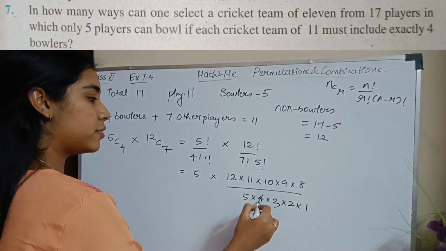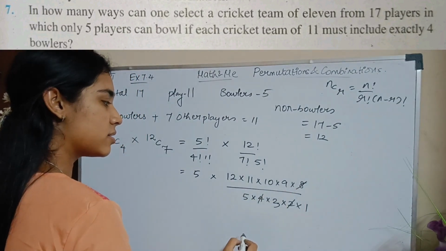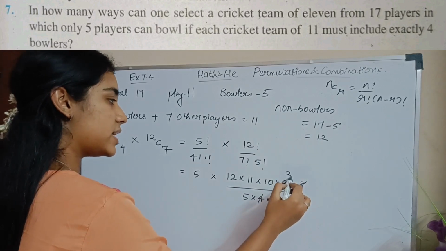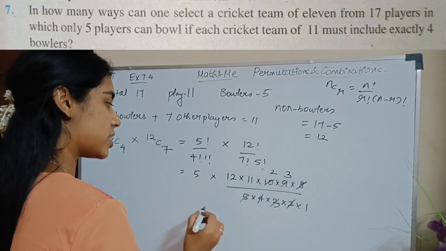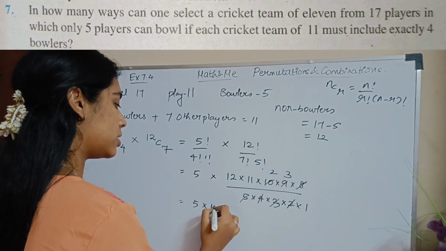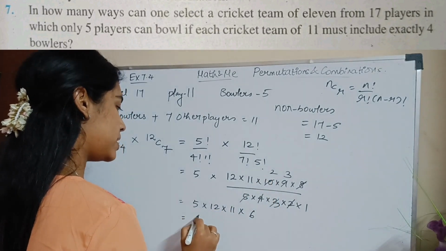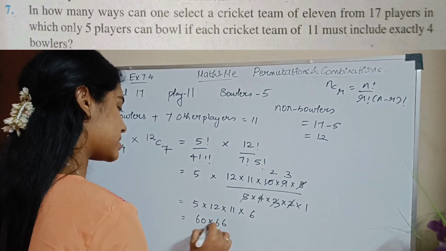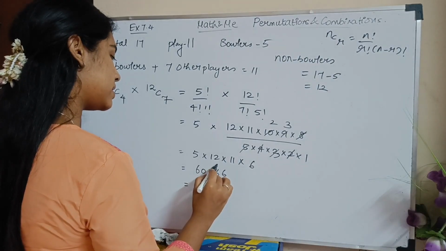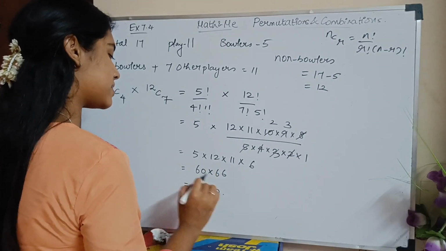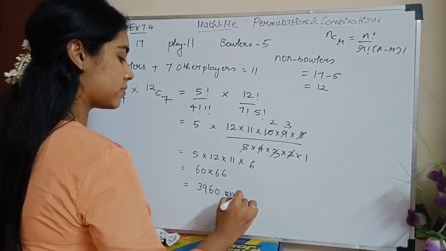So what do I have? 4 2s are 8, 3 3s are 9, 5 2s are 10. So I'll be left with 5, 12, 11, 3 2s are 6. So this will be 60 times 66. 6 6s are 36, 3 36, 39, so 3960 ways.